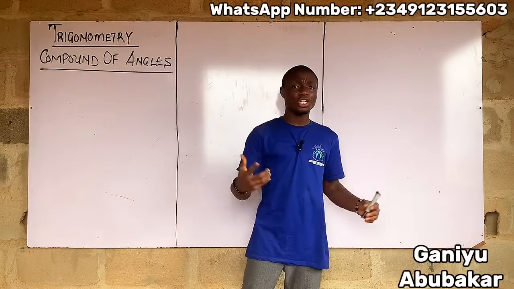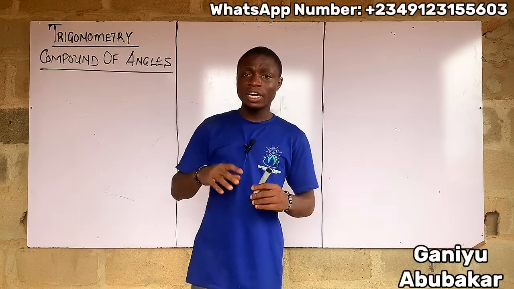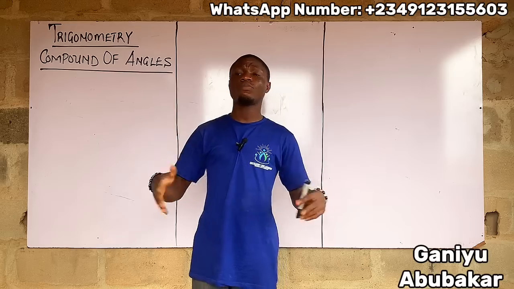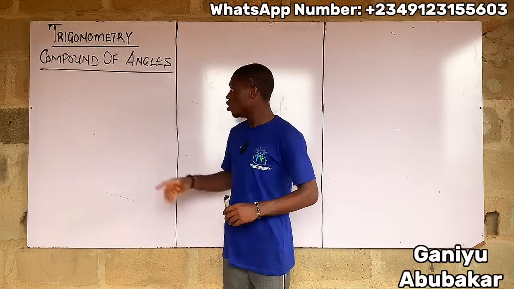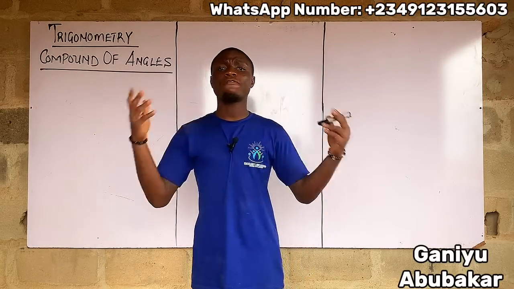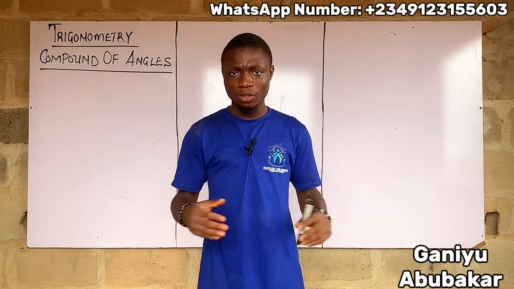When it comes to the study of compound angles, there are formulas we use in solving problems under compound angles. So I'll be giving you the formulas on the board here. I'll look at how to apply the formulas in solving problems under compound angles.